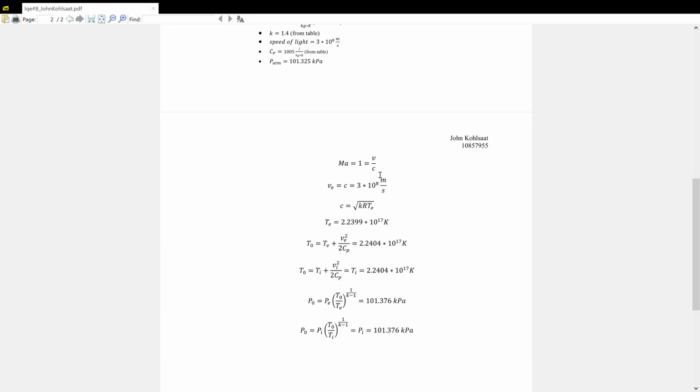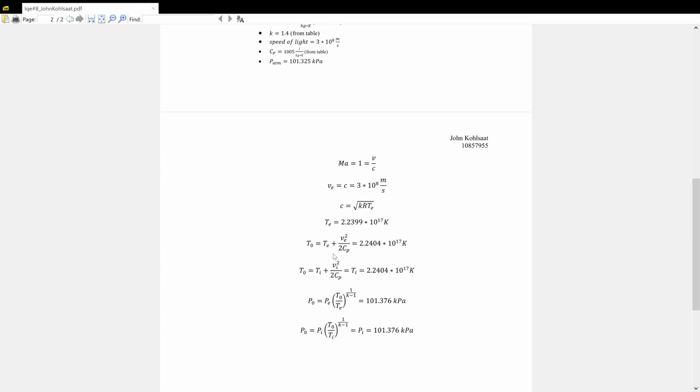And so we essentially start off with the Mach number of 1 equal to velocity over speed of sound. And so we find that the speed of sound equals the velocity. And so as we know what the velocity is, we can calculate the speed of sound. And then from that, we can calculate the exit temperature based on this formula here. And then from that, we can calculate the stagnation temperature based on the exit temperature and exit velocity.